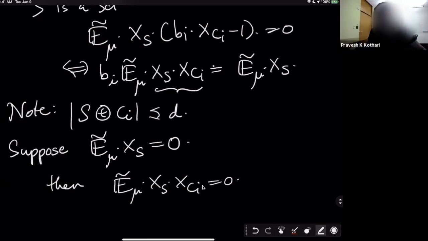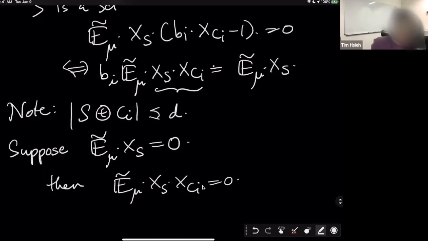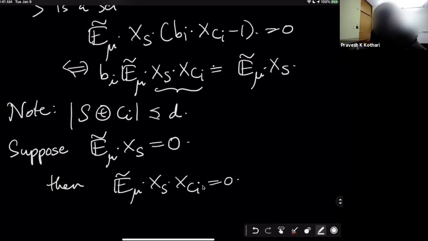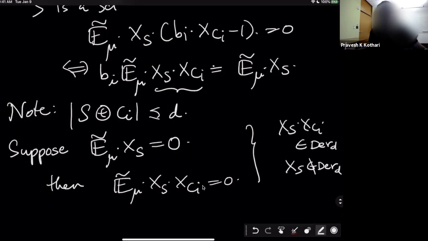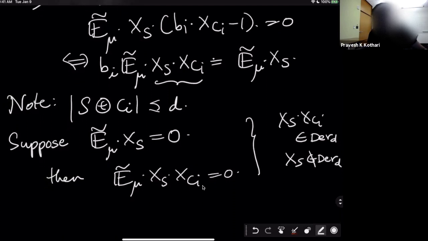Exactly. So for a contradiction, when will this not happen? When x_s x_{C_i} was derived, but x_s was not derived. Well, that's a contradiction. Why? Because if x_s times x_{C_i} is in the derivations, x_{C_i} is certainly in the derivation, because it's a constraint in our 3 XOR input formula, and the XOR of x_{C_i} and x_s times x_{C_i} is of size at most d.